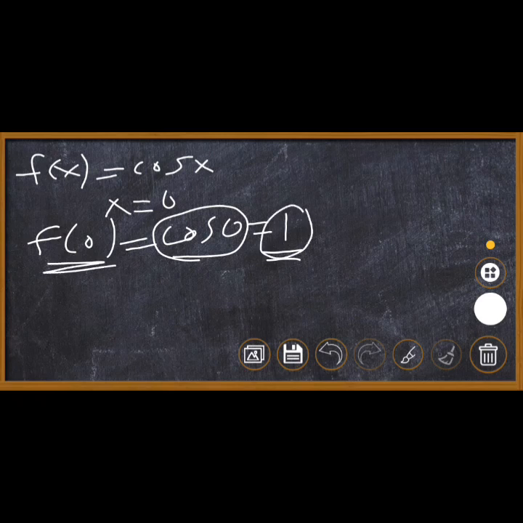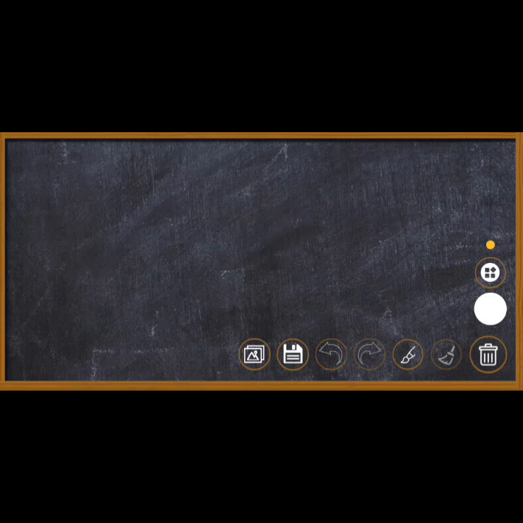According to the theorem, we have to also find the derivatives. So let's take the first derivative of the given function. Remember, the given function is cos of x, and make sure that you are taking note of the values. So cos of 0 has given us 1. Let's also find the first derivative.